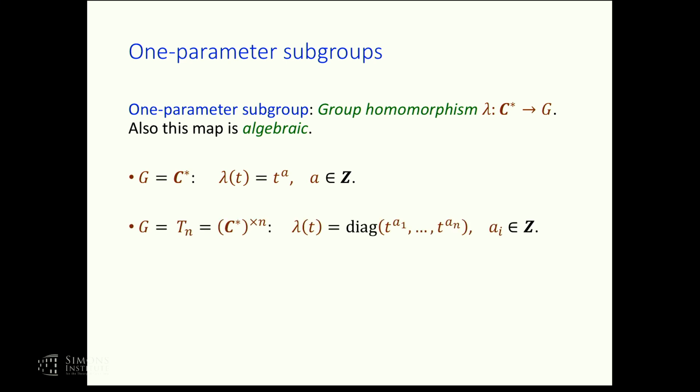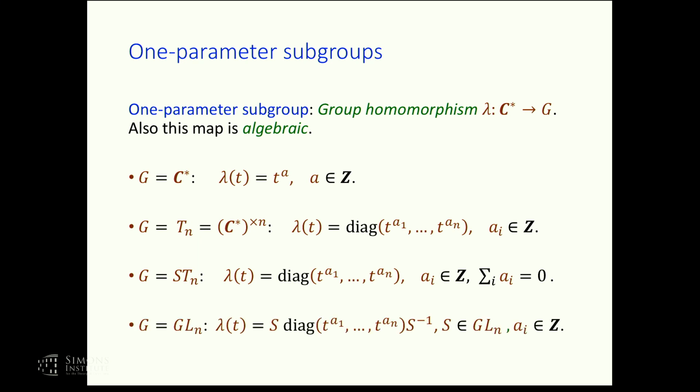If you look at the torus, where you have n of these, then one-parameter subgroups generalize the previous example. They're just diagonal elements where each entry is t to some integer power. If you have the special torus in which the determinant is 1, then you impose the condition that the sum of the a_i is 0 because you want the product to be 1. We'll see this come up in a second.